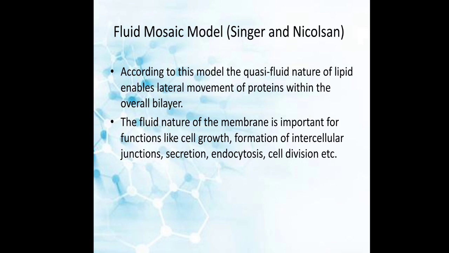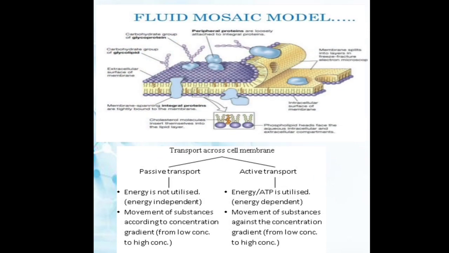Now, the fluid nature of the cell membrane is important for functions like cell growth, formation of intercellular junctions, secretion, endocytosis, cell division, etc. We can see the structure of the fluid mosaic model over here, which is composed of all the proteins I have mentioned before: the peripheral proteins which are loosely attached, the carbohydrate group, and the extracellular side.